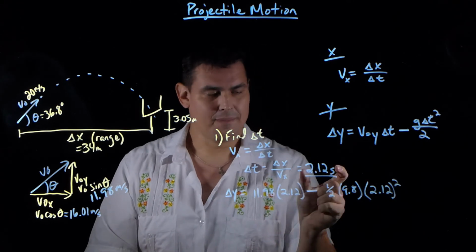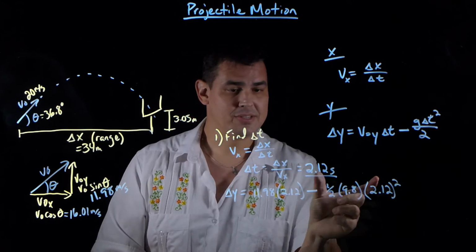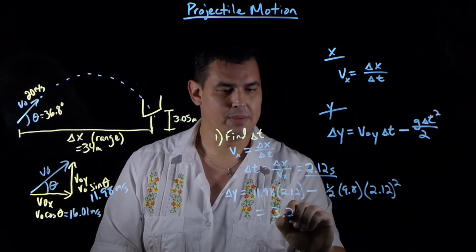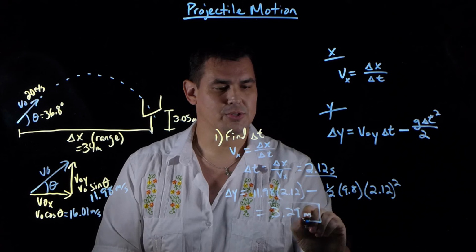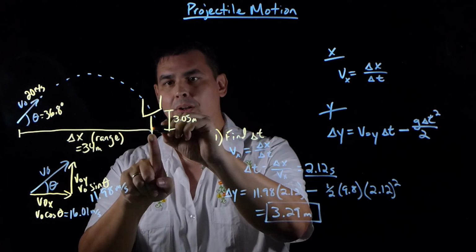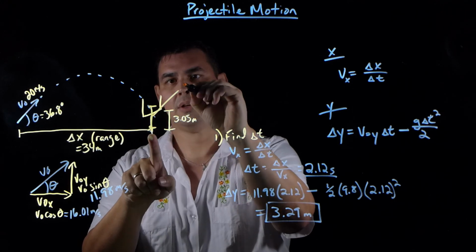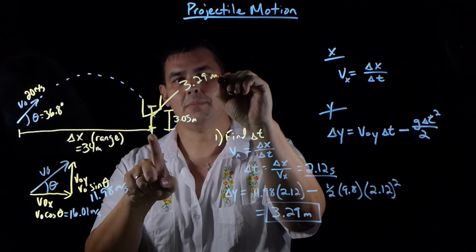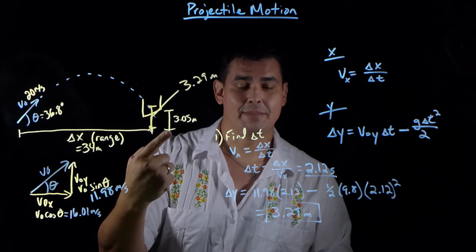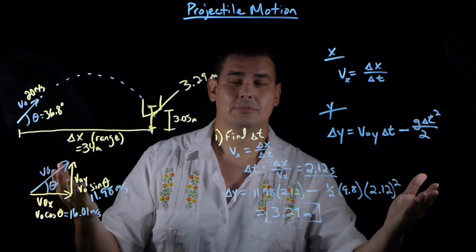When I take this number and subtract the second term, I get 3.29 meters. So at this point, my ball is 3.29 meters in the air. The goalpost is 3.05 meters. I made the goal. I win the football game.